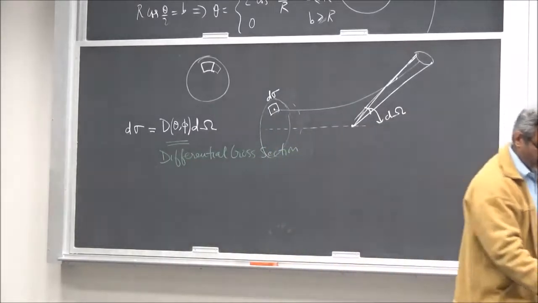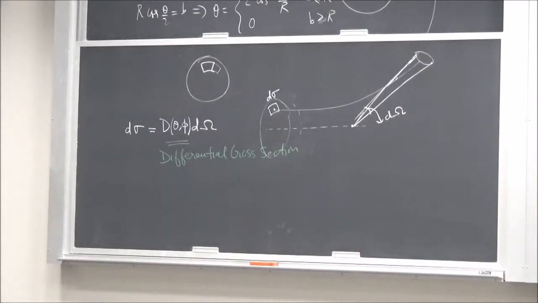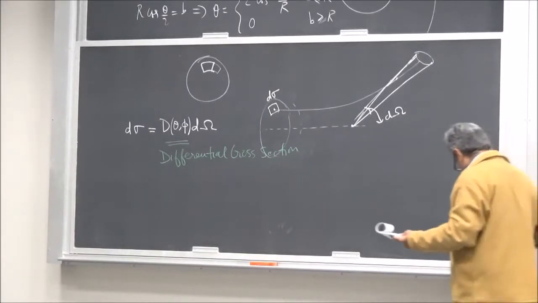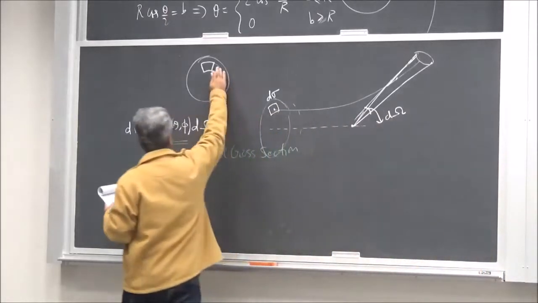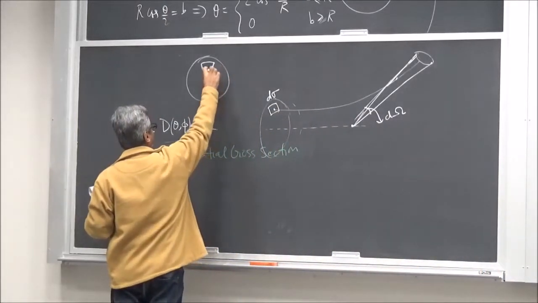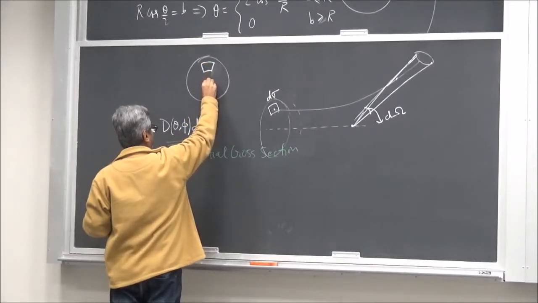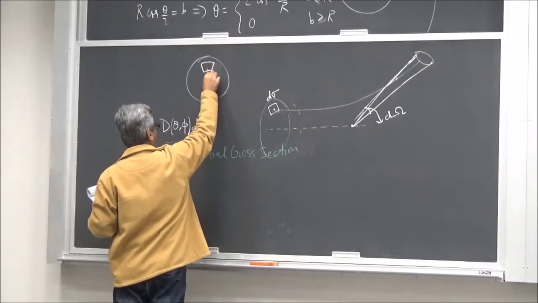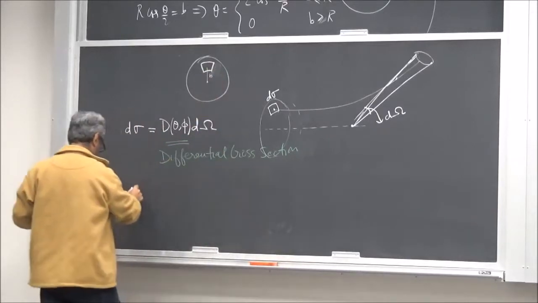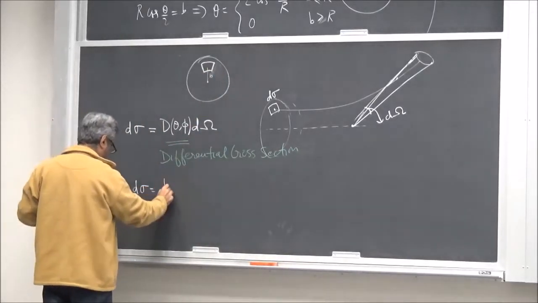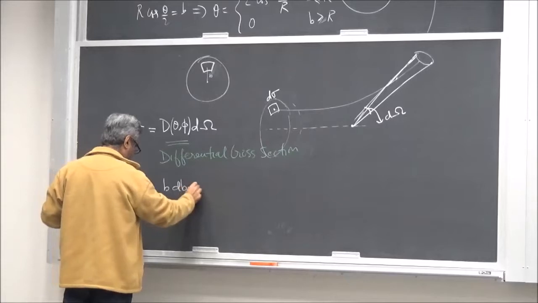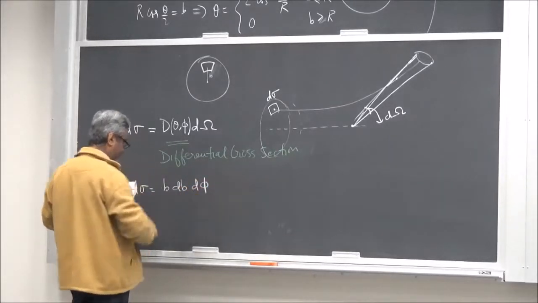Okay. So if this is an infinitesimally small area, so this is B, then I could write this d sigma as B dB d phi.